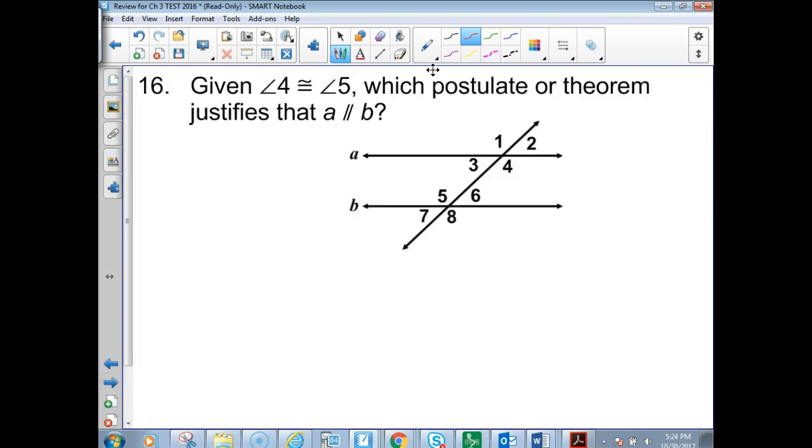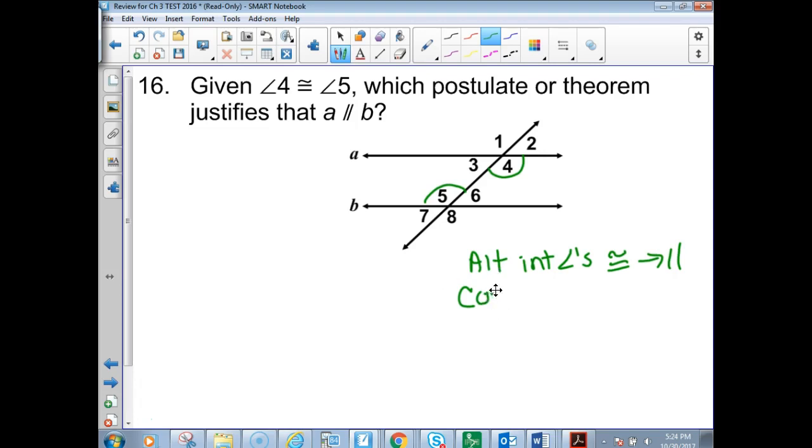16. Which postulate or theorem would justify A being parallel to B? If you're given that angle 4 and 5 are congruent, the postulate or theorem would say that if alternate interior angles are congruent, then you have parallel lines. Now, I know some of the teachers are saying the converse of the alternate interior angles theorem.